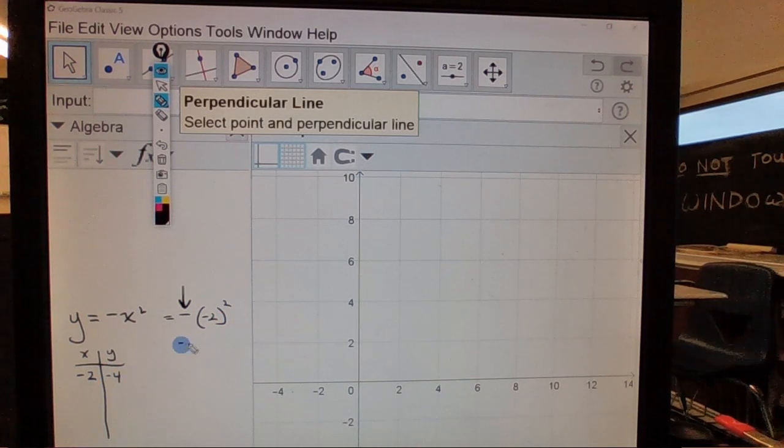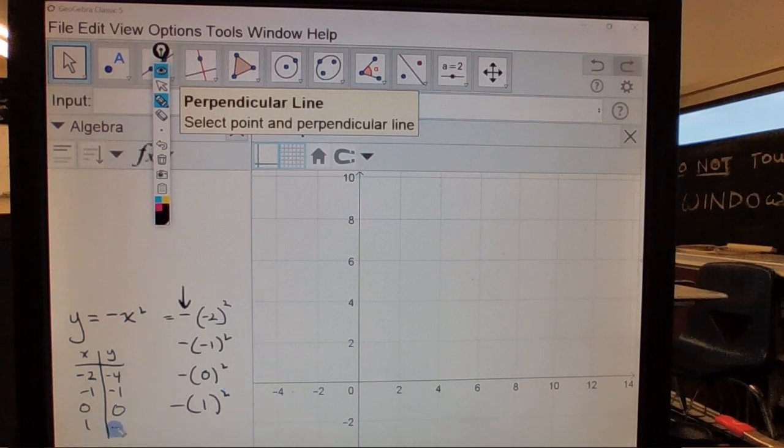And if I try the same thing with negative 1, negative 1 times negative 1 is positive 1. But the negative out front makes it a negative 1. 0 squared, 0. Opposite of 0 is just 0. Try then 1. So if I try 1 squared, I get 1.